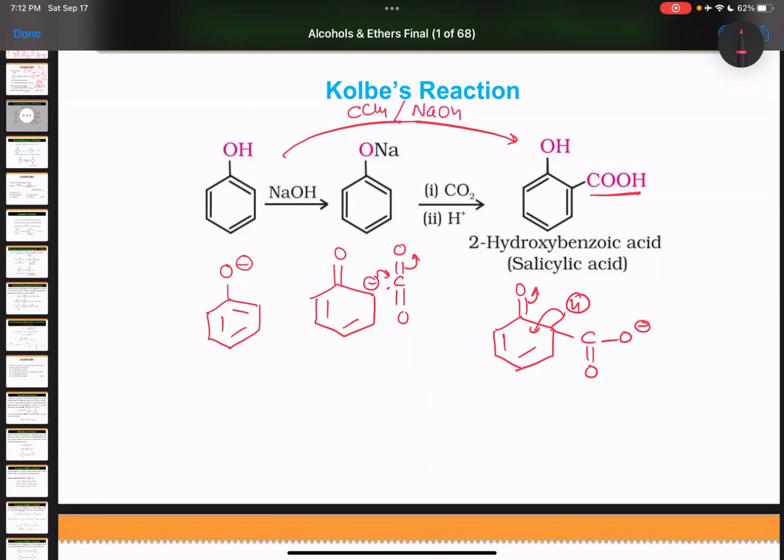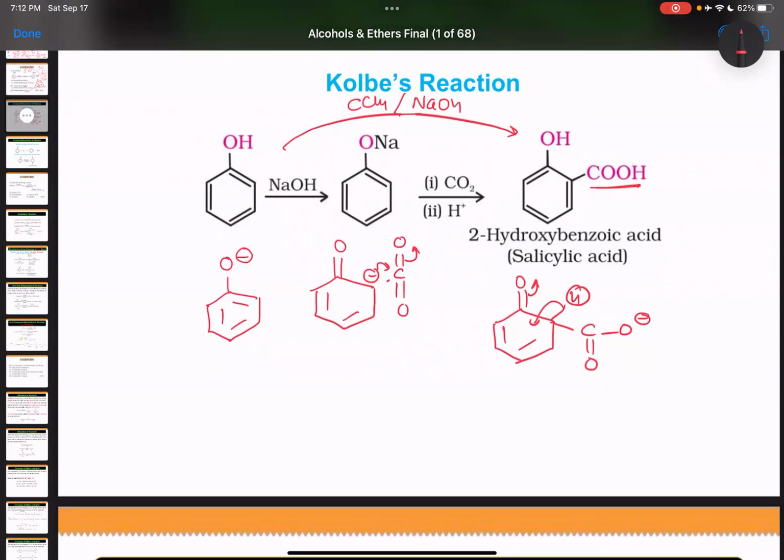Is it clear? But this is not Kolbe's reaction. The name is not Kolbe's. Kolbe's is if you use only CO2. If you use chloroform, you will end up with the aldehyde group CHO. If you use CCl4, you will end up with a carboxylic acid.